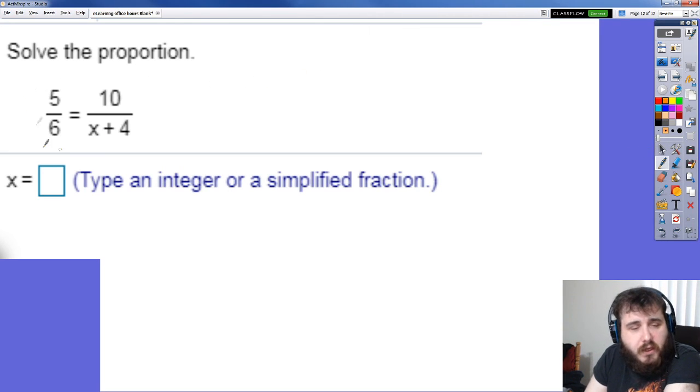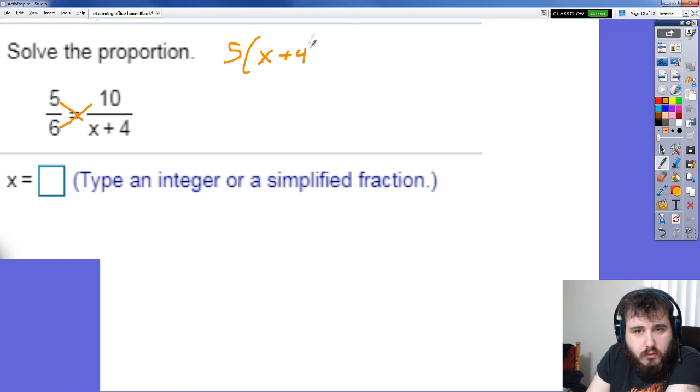So if you take a look here, here's our original. Remember, step number 1 is to cross multiply, and you want to write it out. So we got 5 times the quantity x plus 4 equals the other one, 6 times 10.